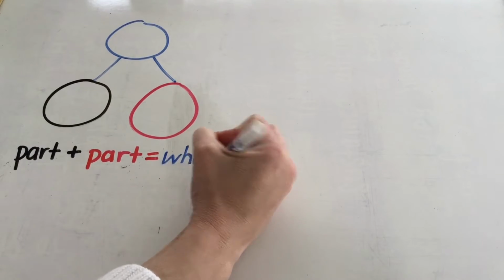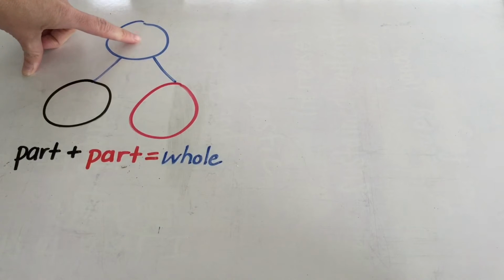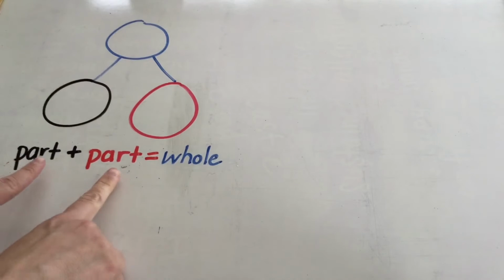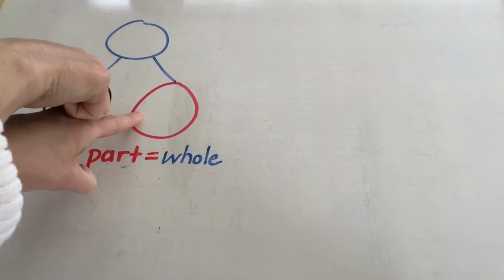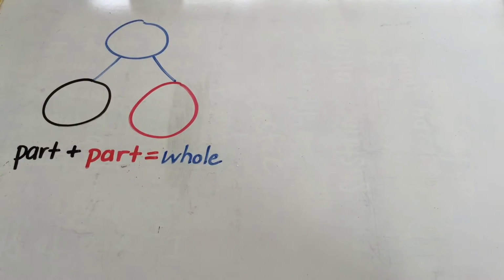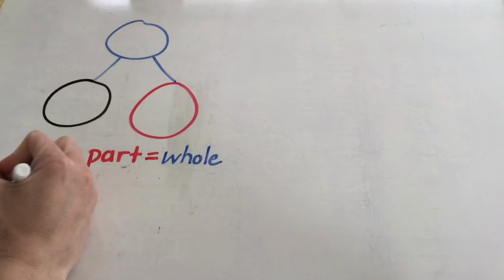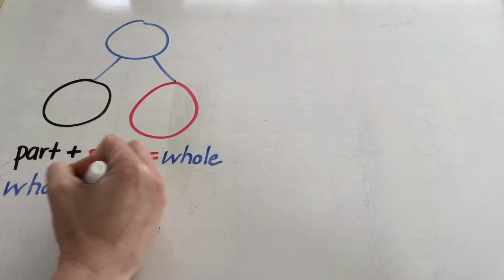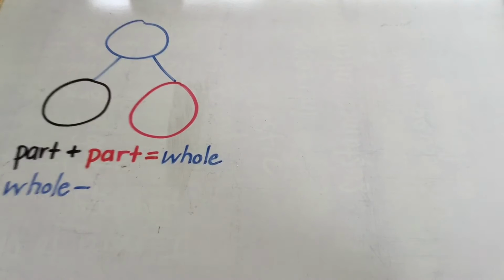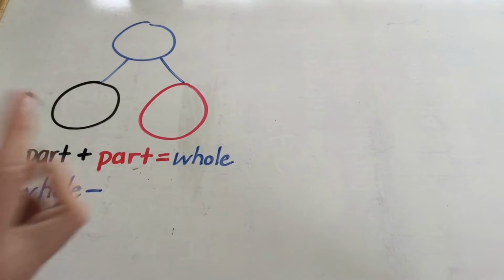I'm color coding mine for you to see that the whole is blue. There's also a black and red part that can be switched because of the commutative property, where you can change the parts when you add. It can also be used to model subtraction, where the whole minus one part equals the other part.